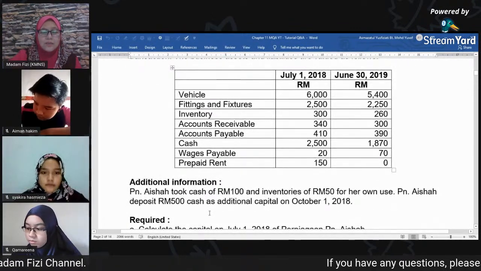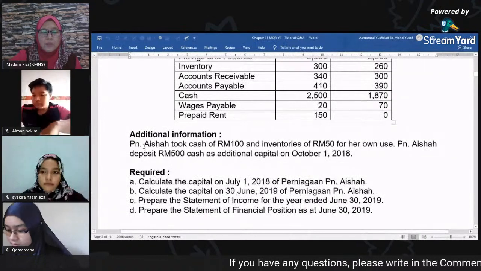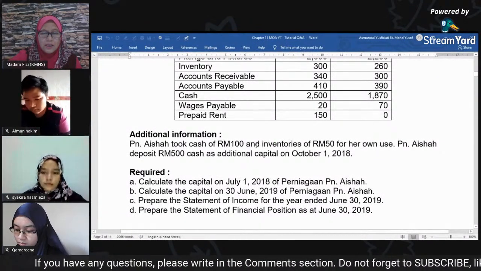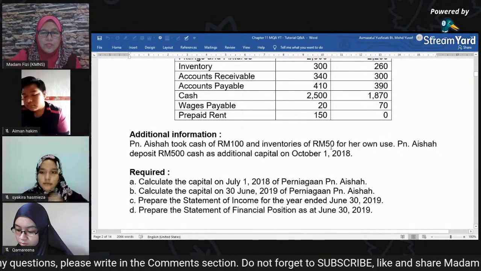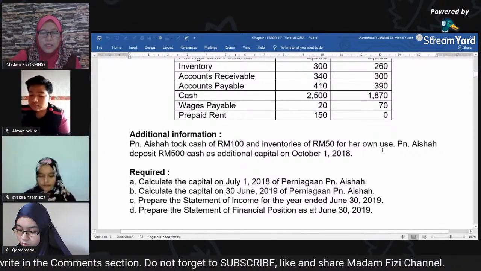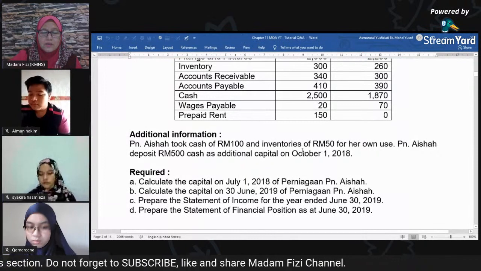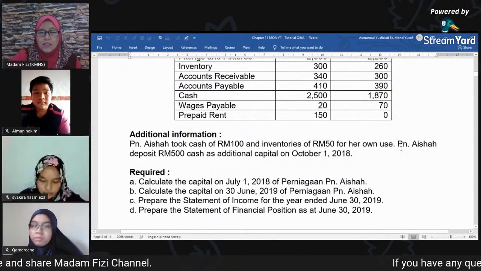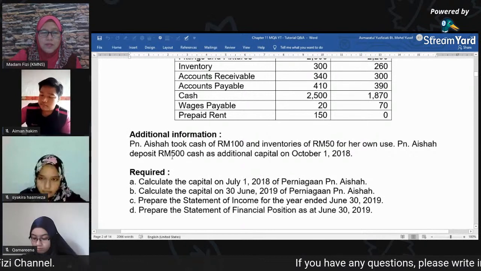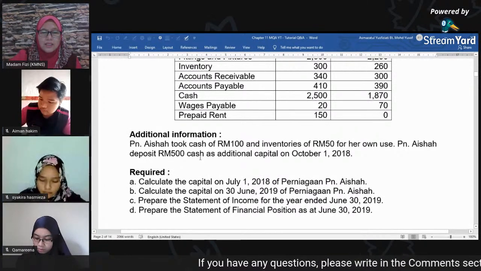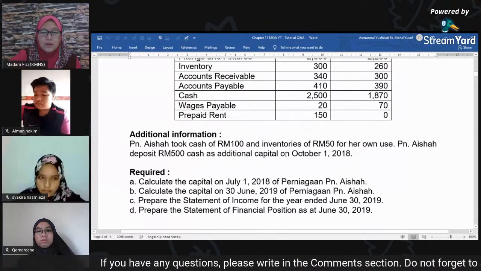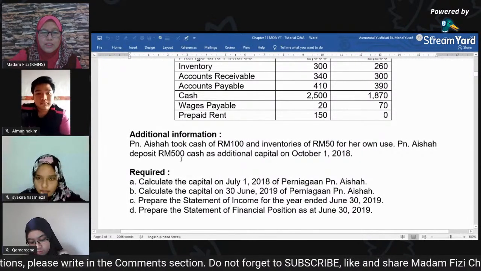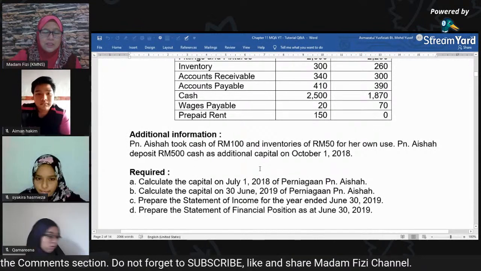Additional information. Puan Aisyah took cash of 100 and inventories of 50 for her own use. That means these are the drawings. And Puan Aisyah deposited 500 cash as additional capital on October 1st, 2018. So 500 is additional capital.